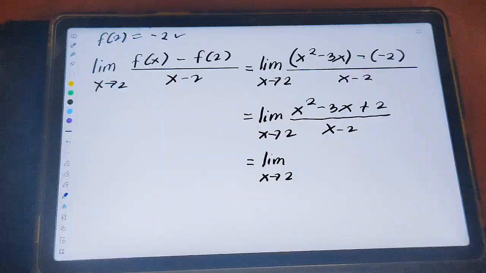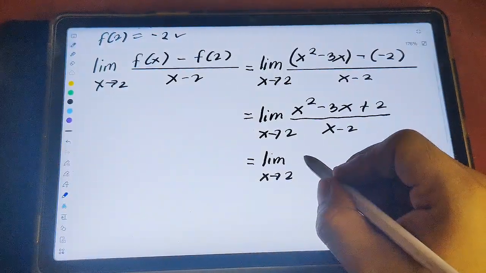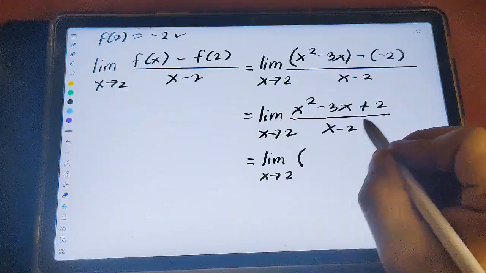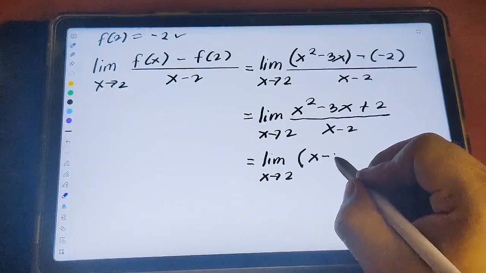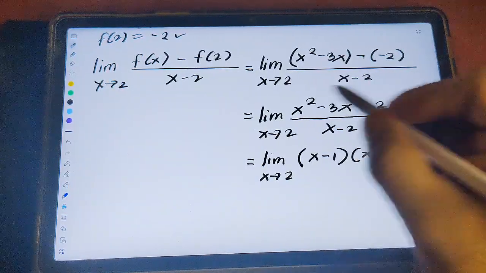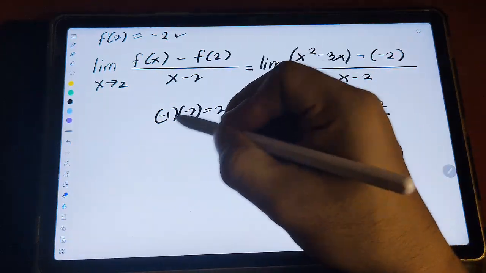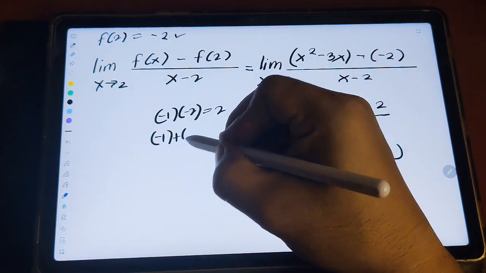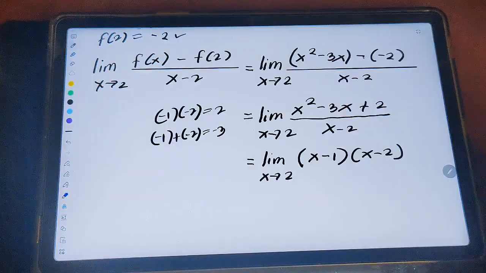And negative plus negative, the sum is negative. So, those two numbers are what? Negative 1 and negative 2, right? x minus 1 and x minus 2. Negative 1 times negative 2, that is 2. Negative 1 plus negative 2, that is negative 3. So, it satisfies the condition.